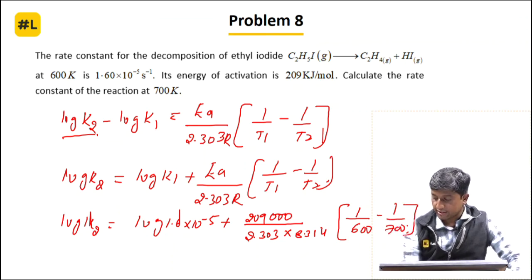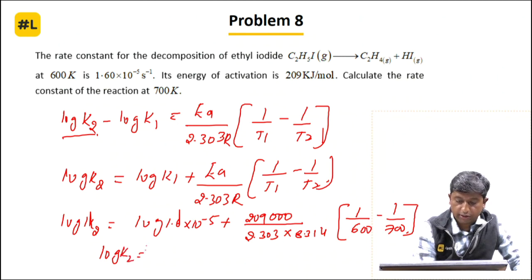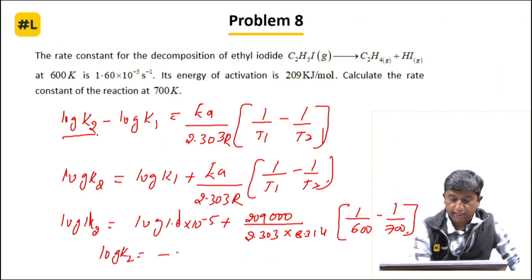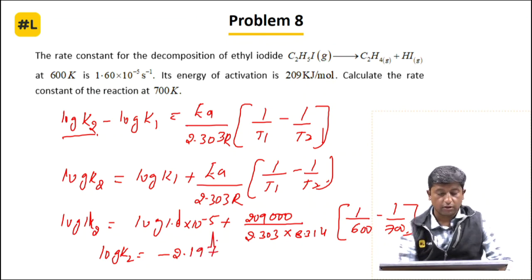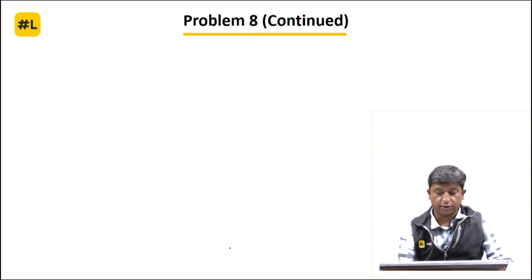So, we need to calculate this. Students, on simplification of this, you are going to get log of K2 equal to minus 2.197.